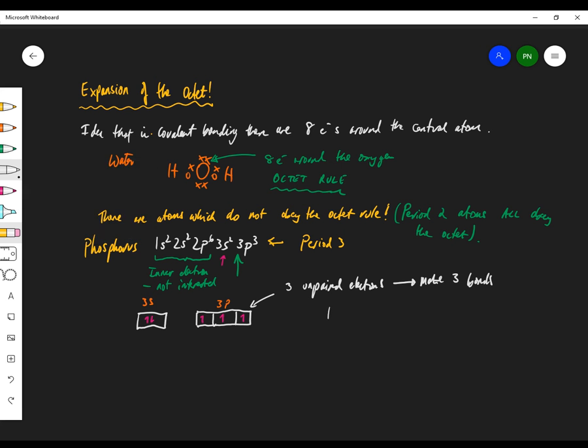All right, so let's draw it then. Let's do PCl3. PCl3 looks like this. Central phosphorus, these are the 3s's, these two, and 1, 2, 3. Let's draw chlorine, 1, 2, 3, with its electrons. There we go, this is the Lewis structure of PCl3.